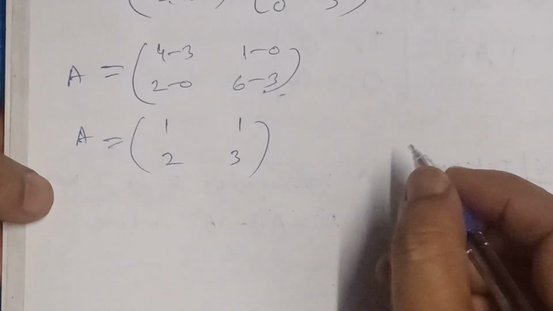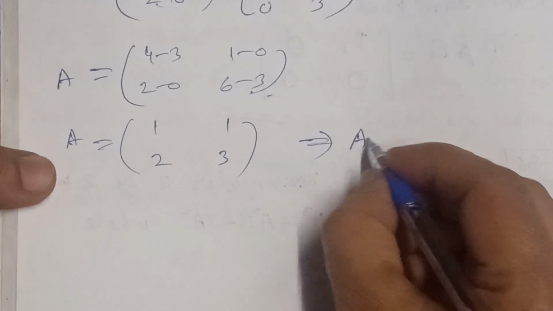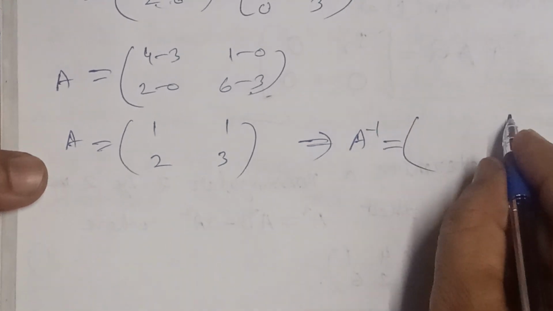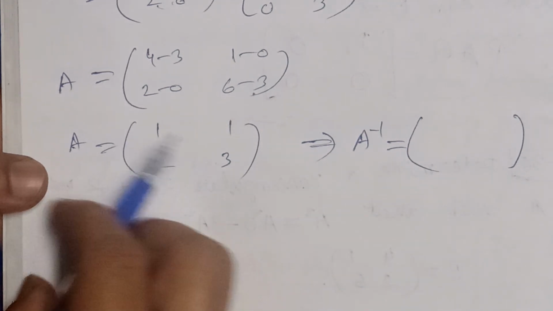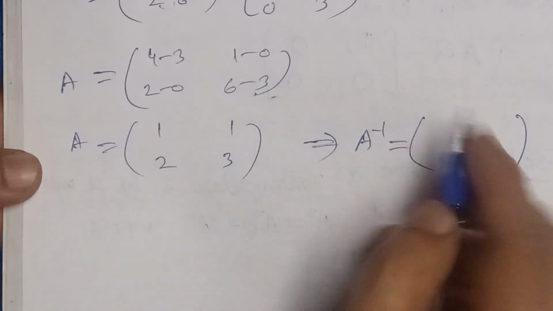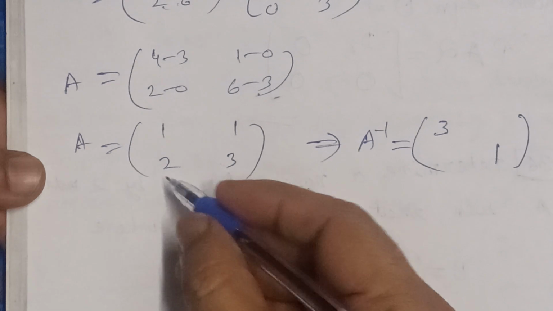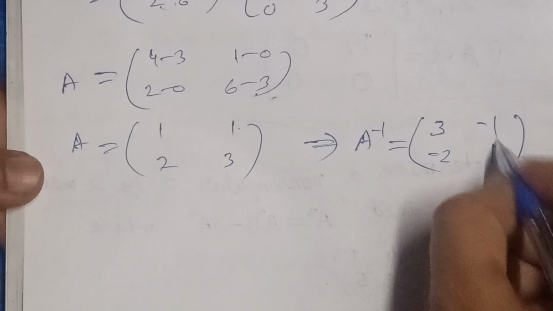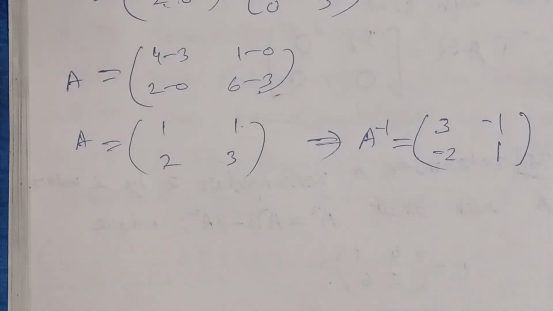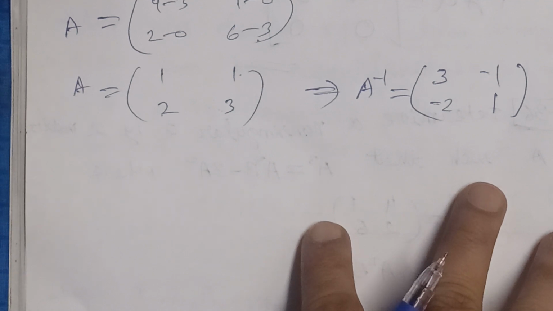We know that by the direct or shortcut method of finding A inverse, we only interchange these values and change the sign of these two values. This is only applicable to second order matrices. But other methods are also available, so you should apply one to find the inverse of any matrix.